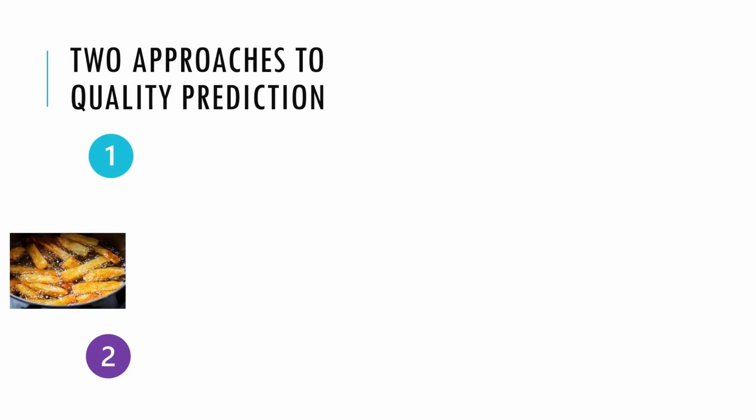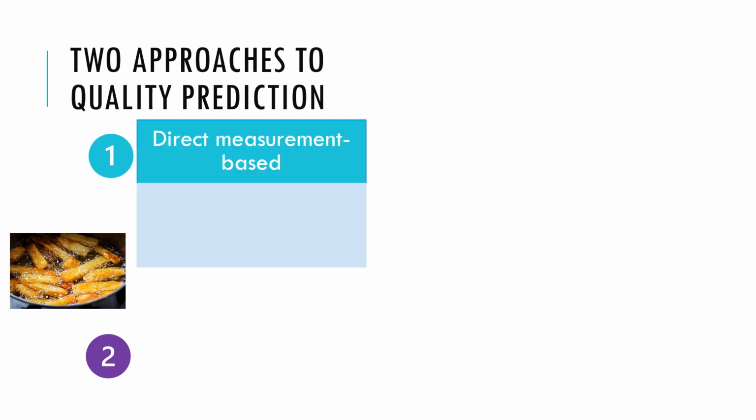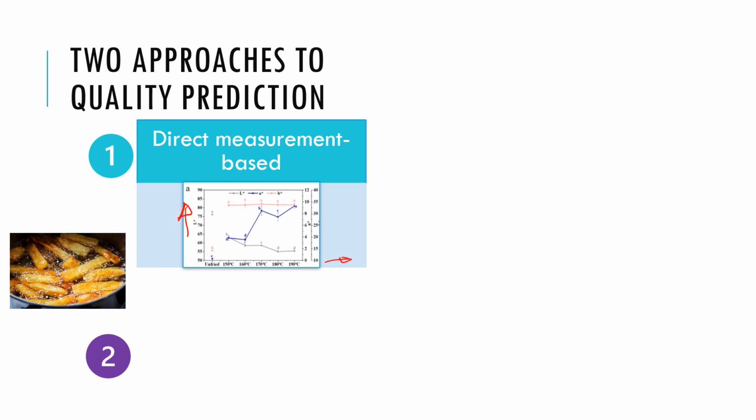Let's say we are interested in predicting or describing the physics of the color of French fries. And so there are 2 ways to go about this. One is we simply measure the color. And let's say we measure the color as a function of different frying temperature.